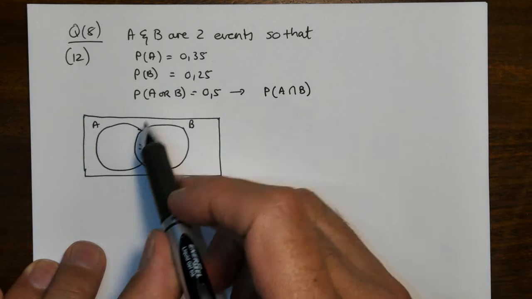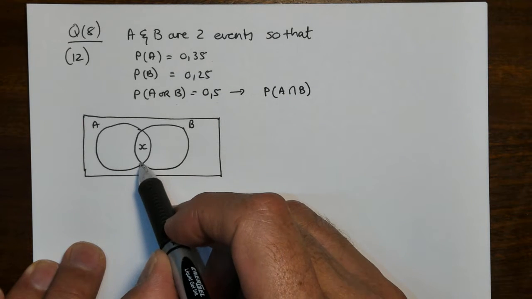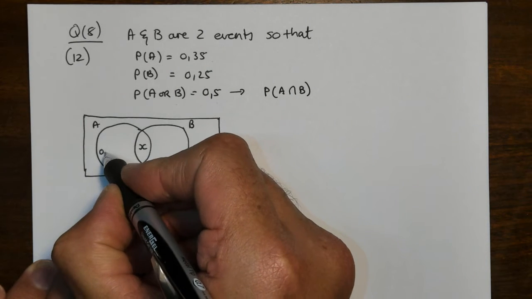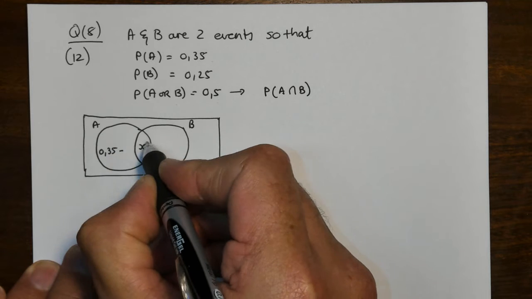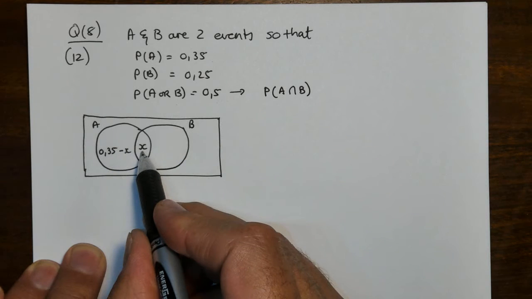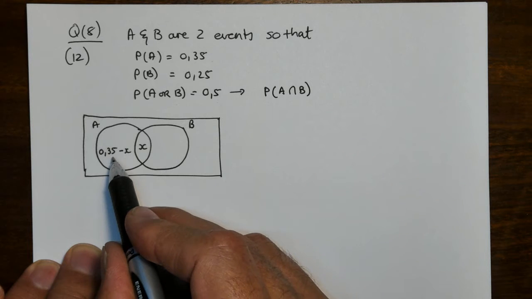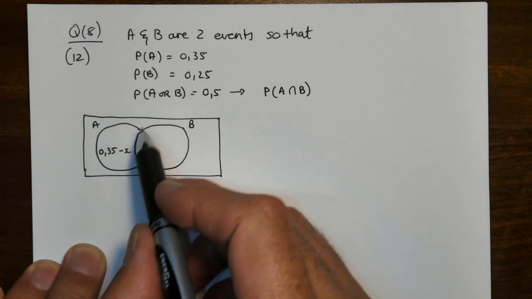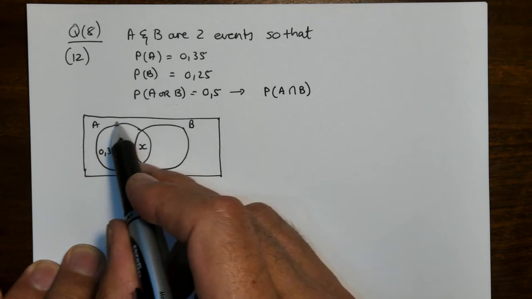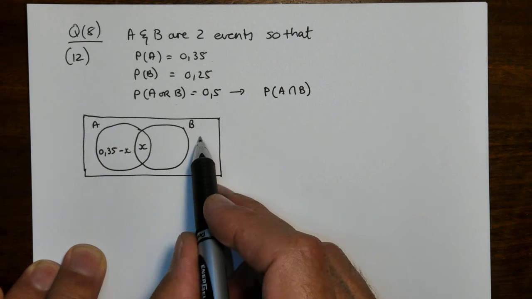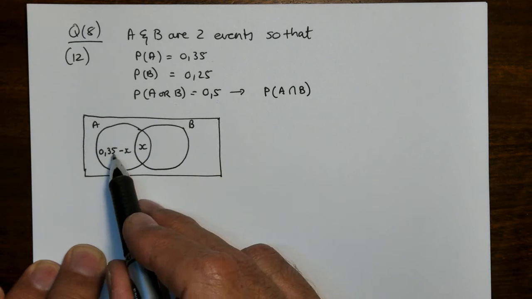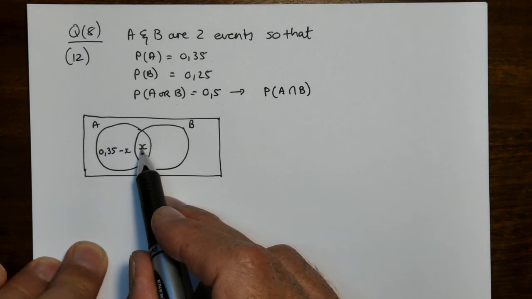The probability of just this A component will then be 0.35 minus that part that lies over here in the intersection. Now remember, why is that the case? Well, the probability of A is that whole circle there, but there's some intersection with B. If I add this to that, I get 0.35.